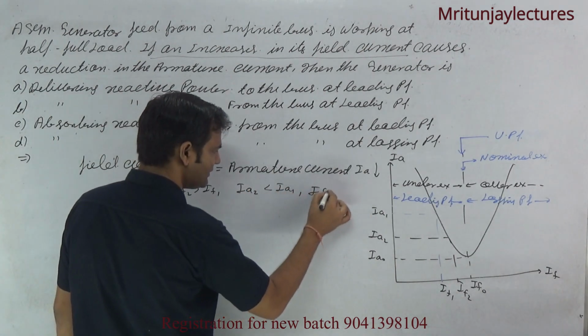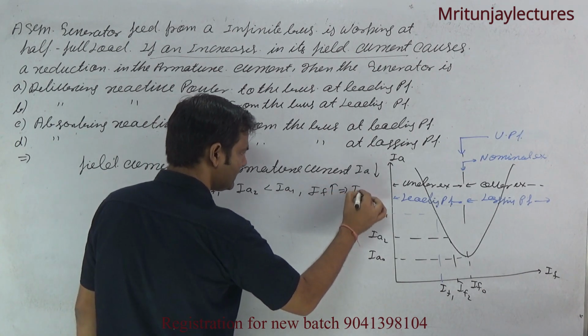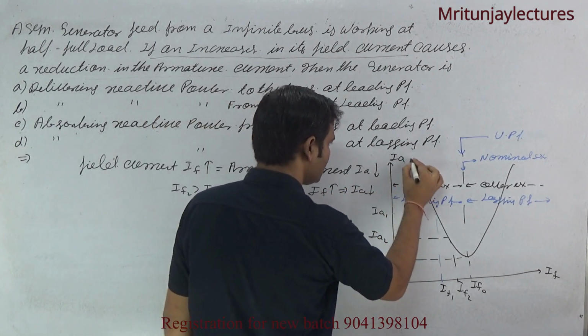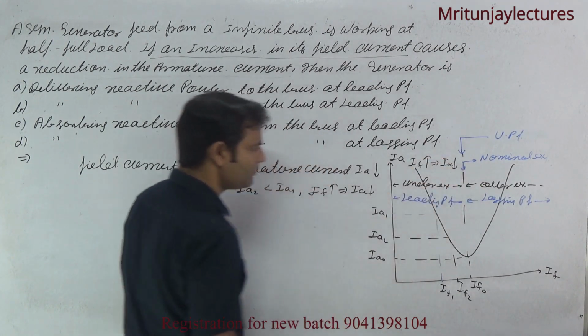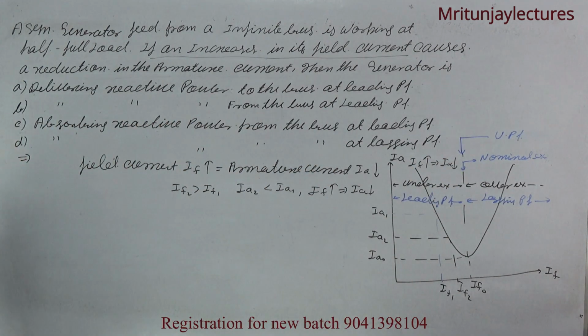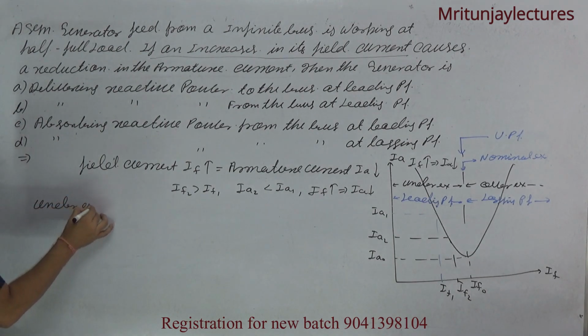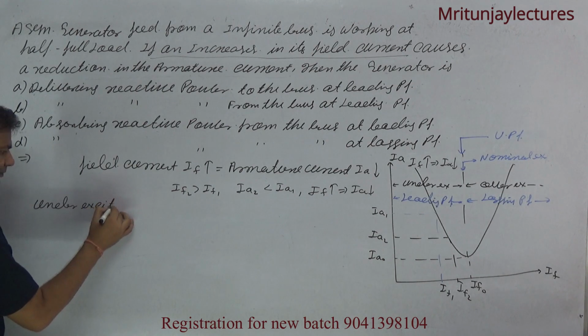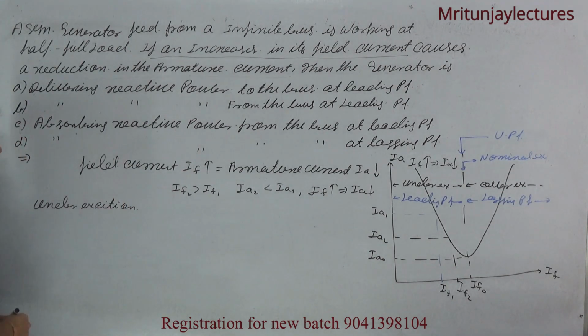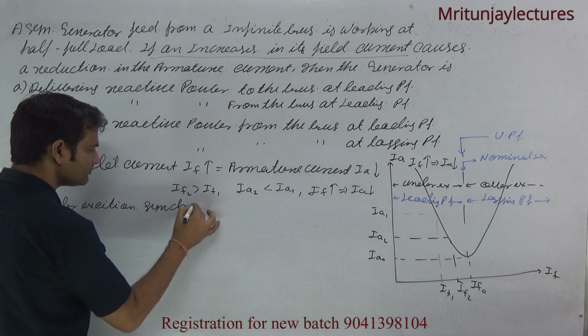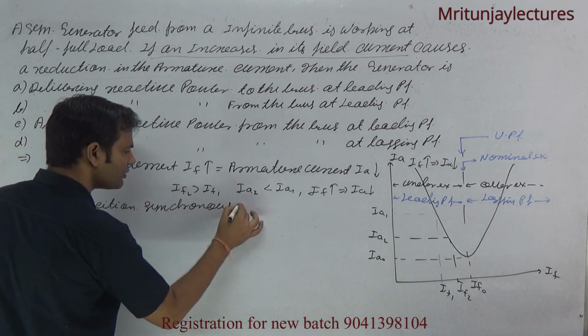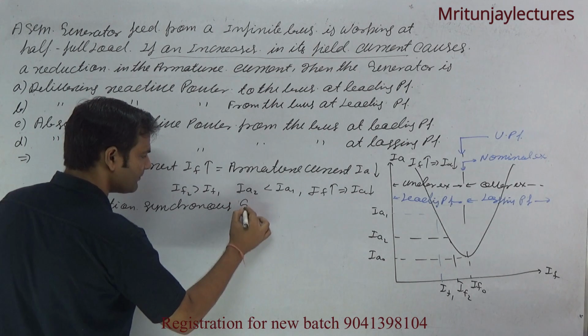Field current increases, armature current decreases. Only possible under excitation, that is under excitation synchronous generator.